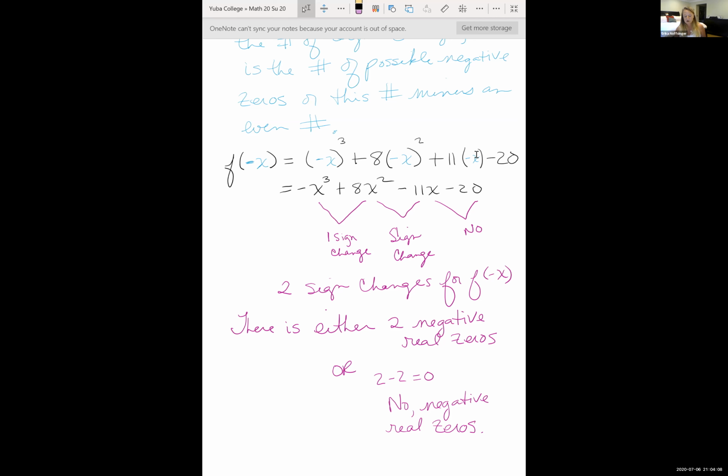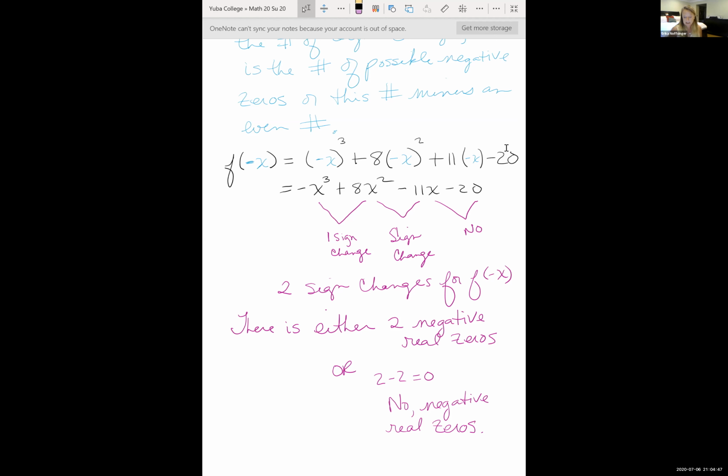If there are 0 negative real zeros, then I know if there's one positive one and no negative ones, those other two have to be imaginary. This holds stronger than the rational zero theorem, so this is all real zeros.